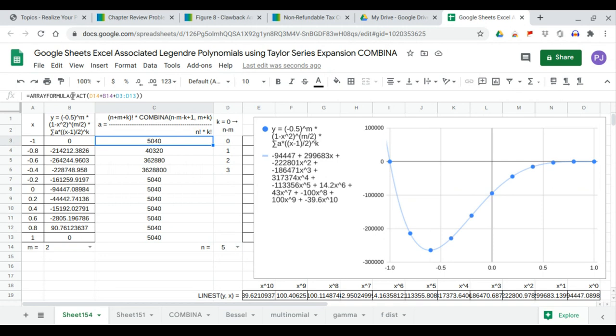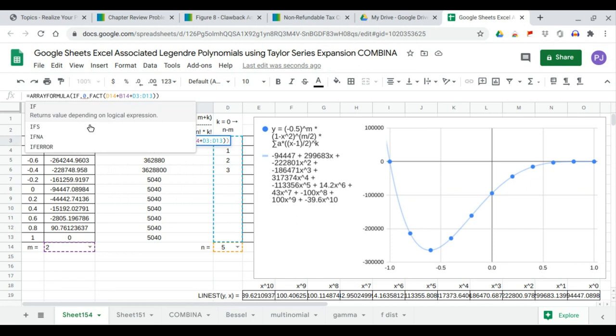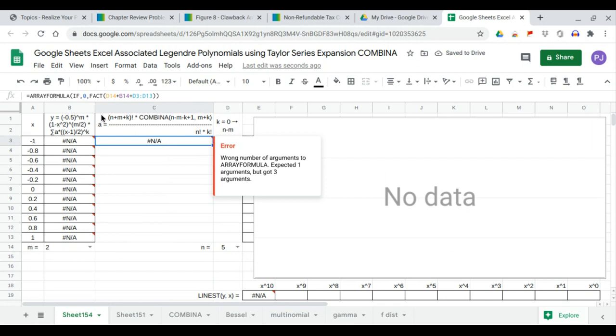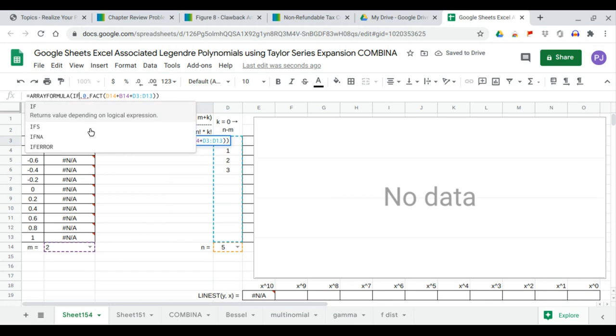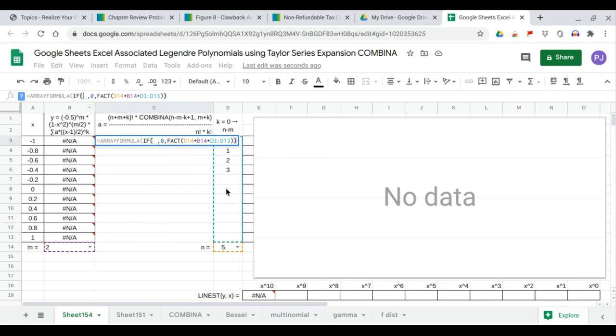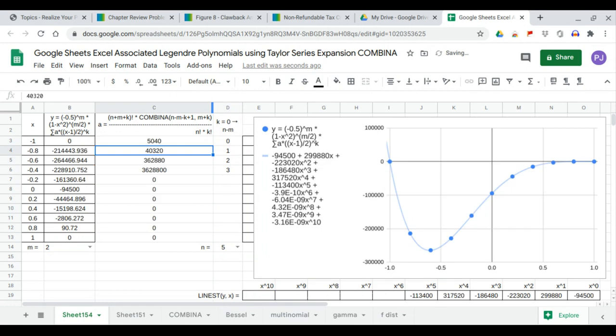So if k is empty, 0. Otherwise, calculate. Now it's corrected.